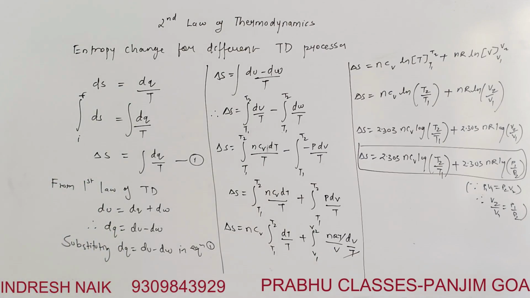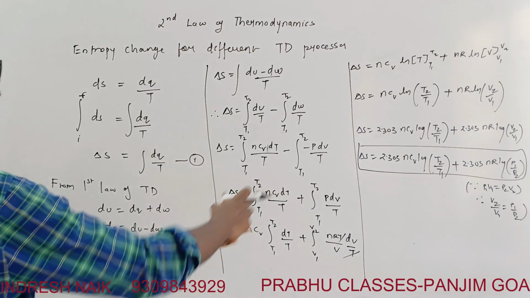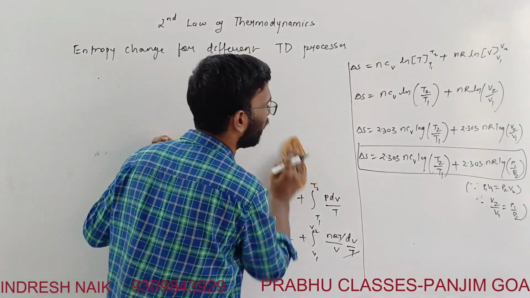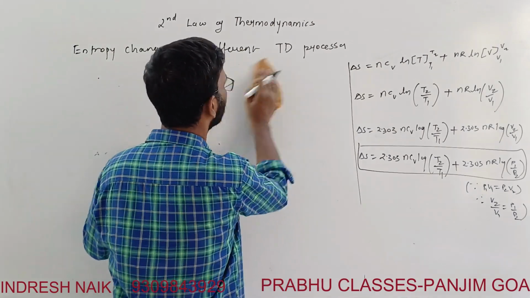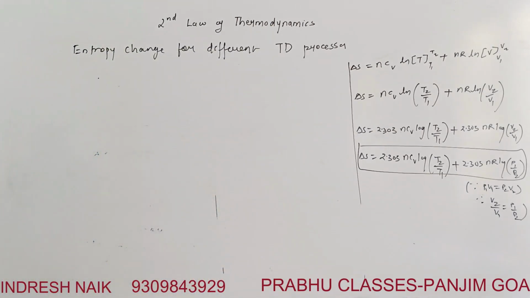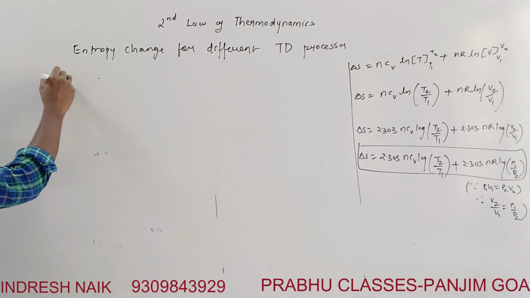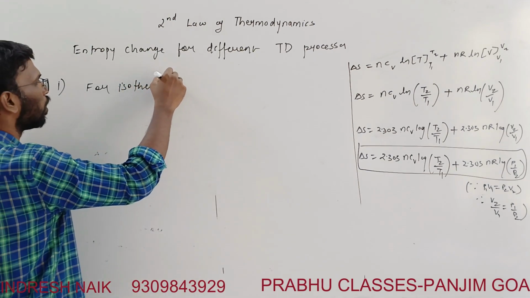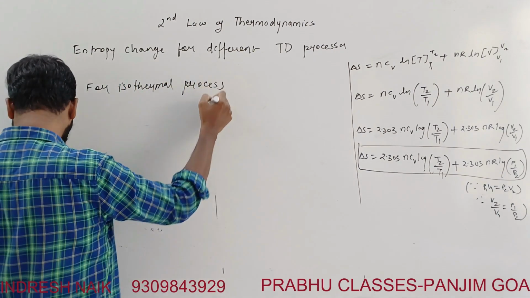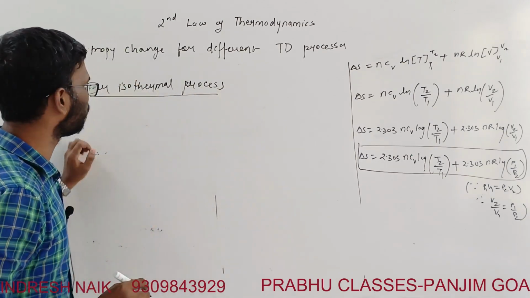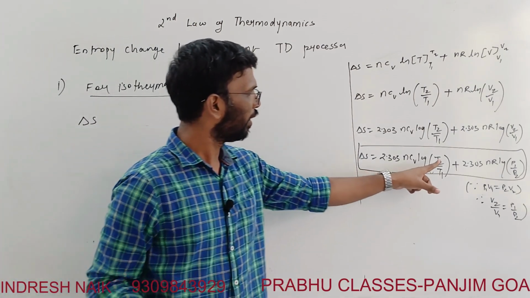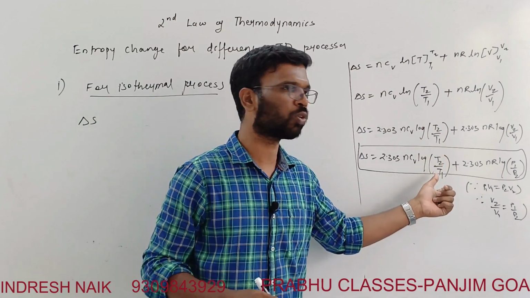So what would be the entropy change for an isothermal process? First is the isothermal process. We'll keep that equation as it is. For the isothermal process, delta S, if temperature is constant, T2 by T1 will be equal, T2 and T1, so log of 1, right?